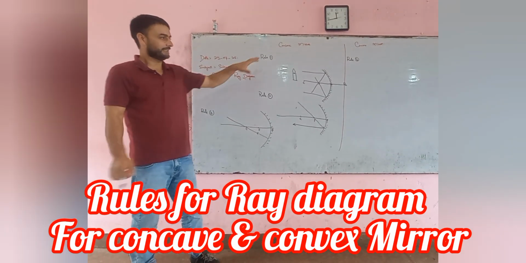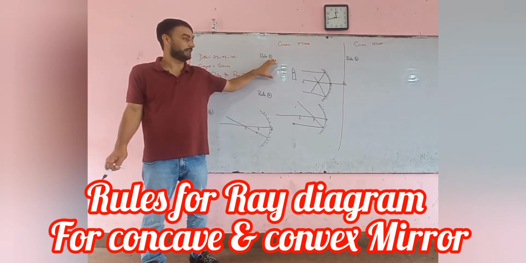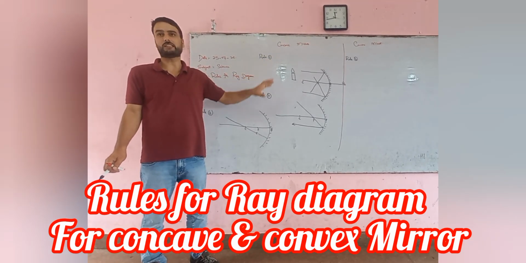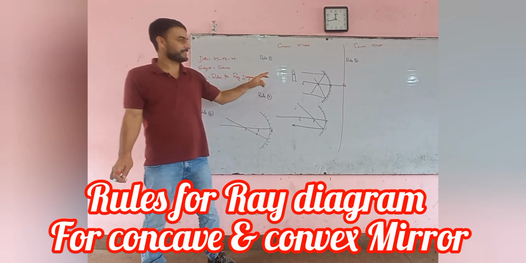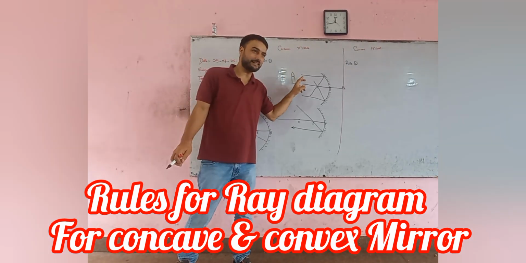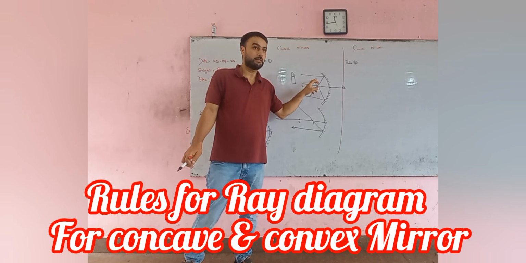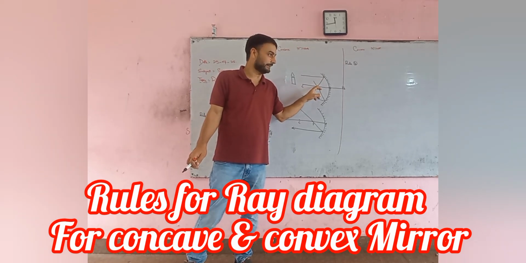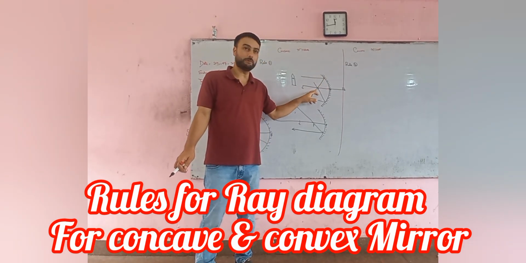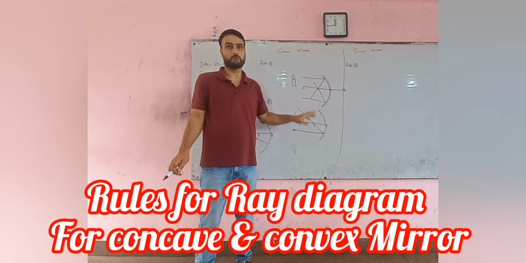So, these are the three rules for the ray diagram for a concave mirror. First, if the incident ray is parallel to the principal axis, the reflected ray will move through the principal focus.